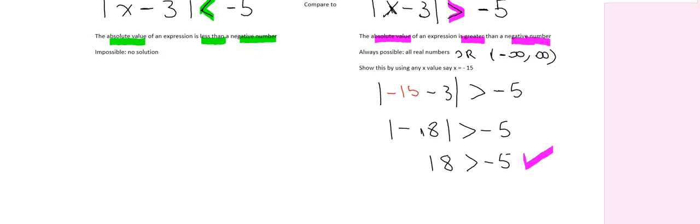Now for the other one, if you pick negative 15 on this side, you will notice the sign switches to the opposite. So there is no solution, or you say the empty set. And this is all for this section.